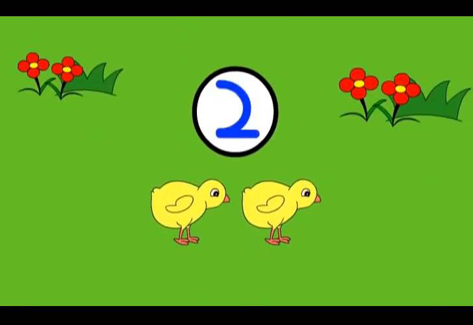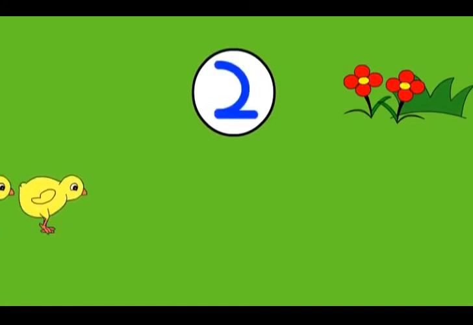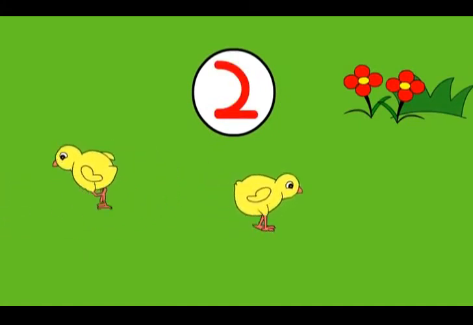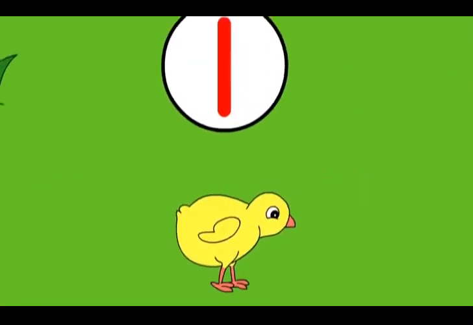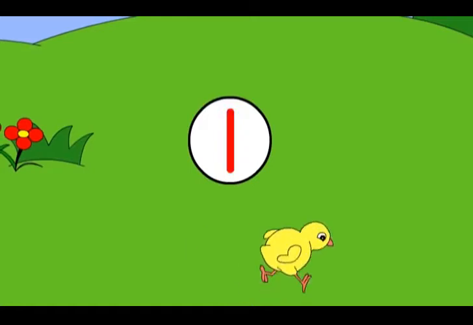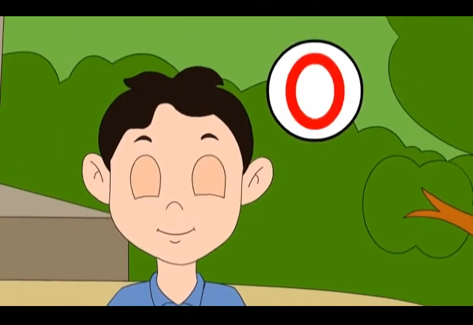Now there are only 2. 2 little chicks walking in a line. One starts to run. Now it is only 1. 1 little chick looking here and there. It runs to its mother. Now it is 0.